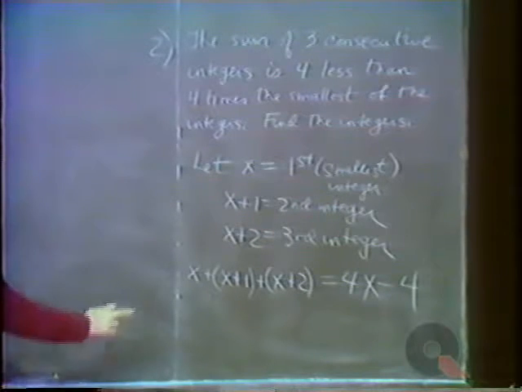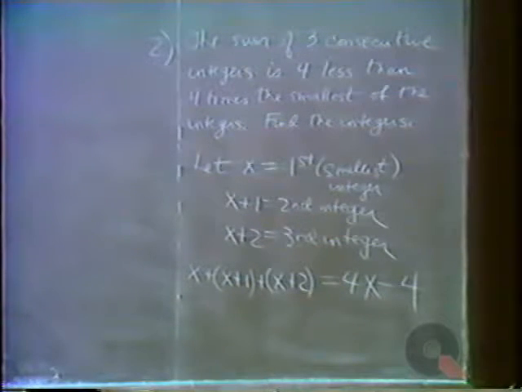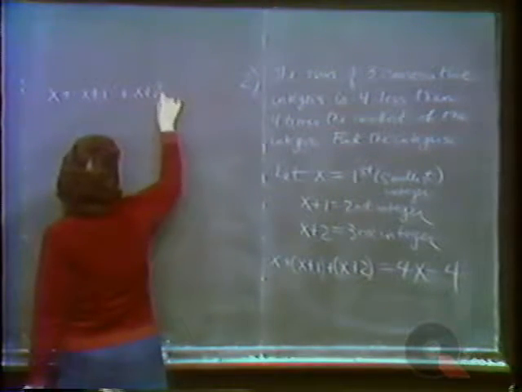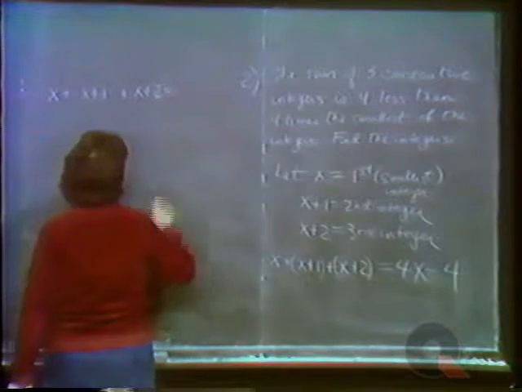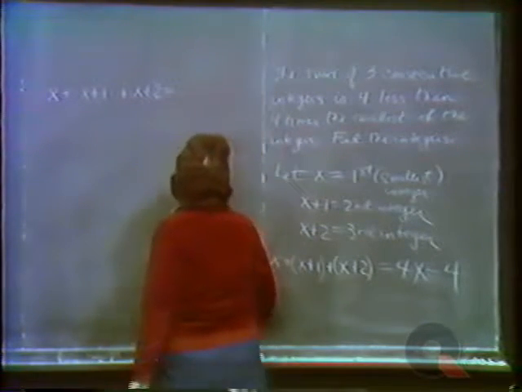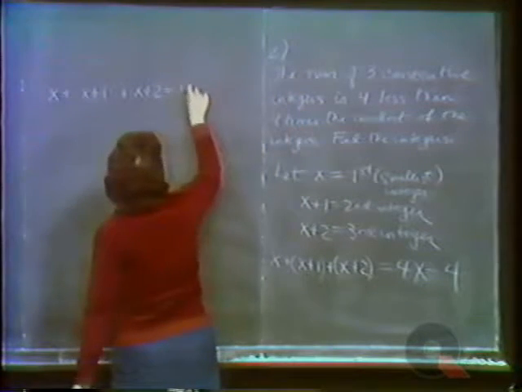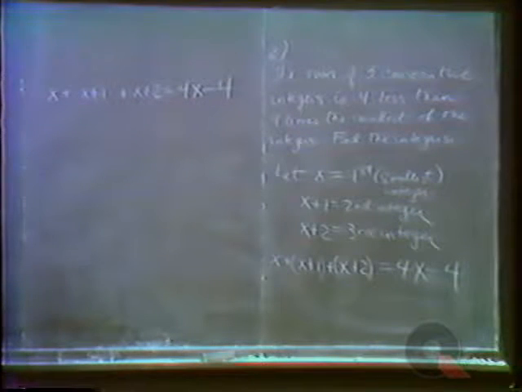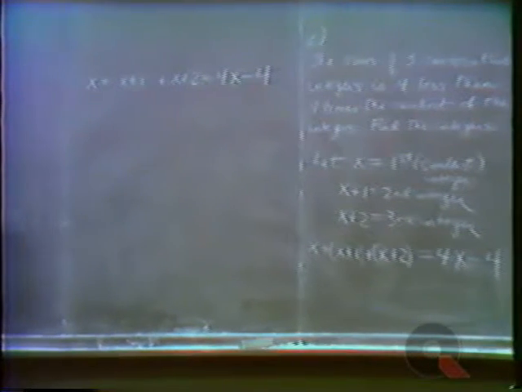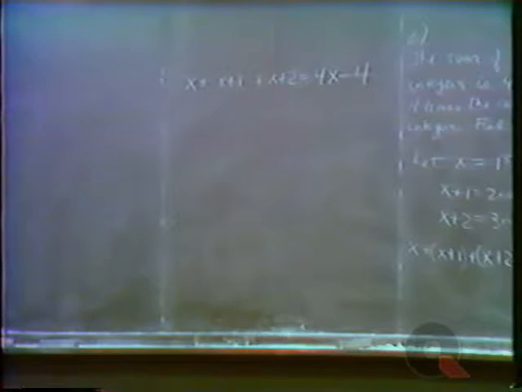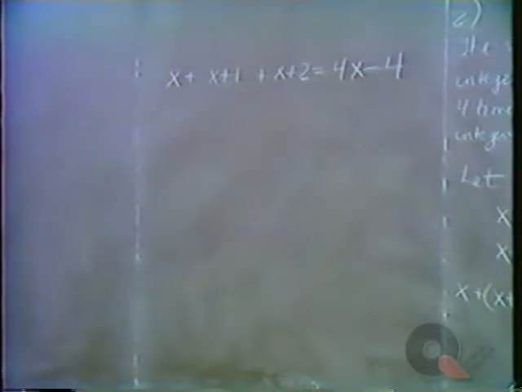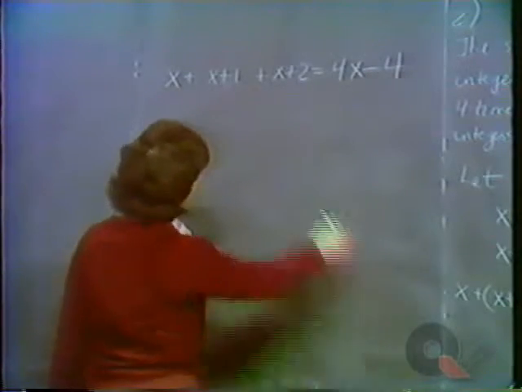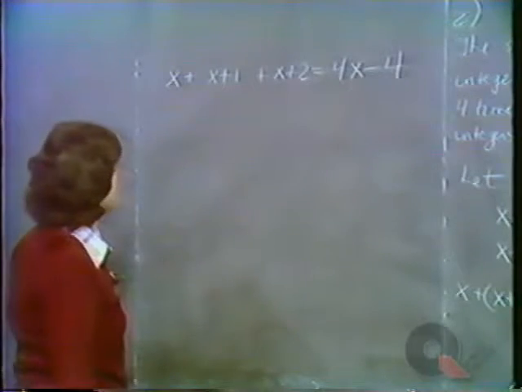Okay, I'm just going to rewrite that equation up over here so that we can solve it. x plus x plus 1 plus x plus 2 equals 4x minus 4. I just left out the parentheses, which we really did not need in the first place.